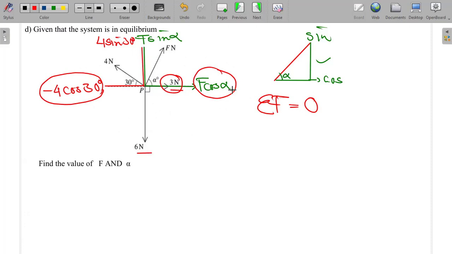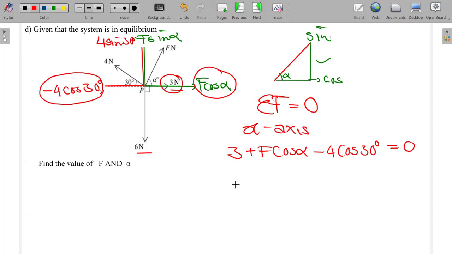So what do we have? We have these that are pointing towards the positive. So I'll say 3 newtons plus F cos alpha minus 4 cos 30 degrees. This should be equal to 0, like that. All right. We can simplify this further by finding the value of 4 cos 30. 4 cos 30 is 3.46.